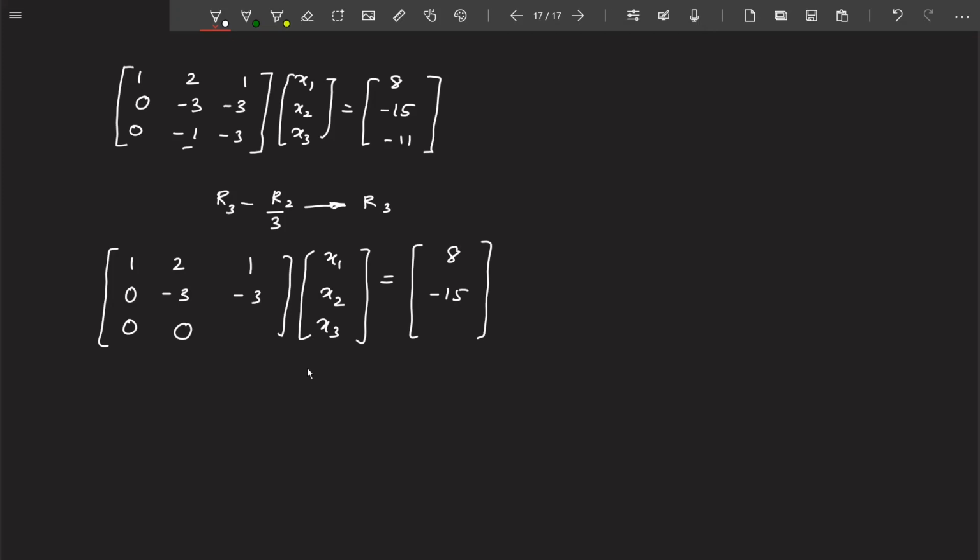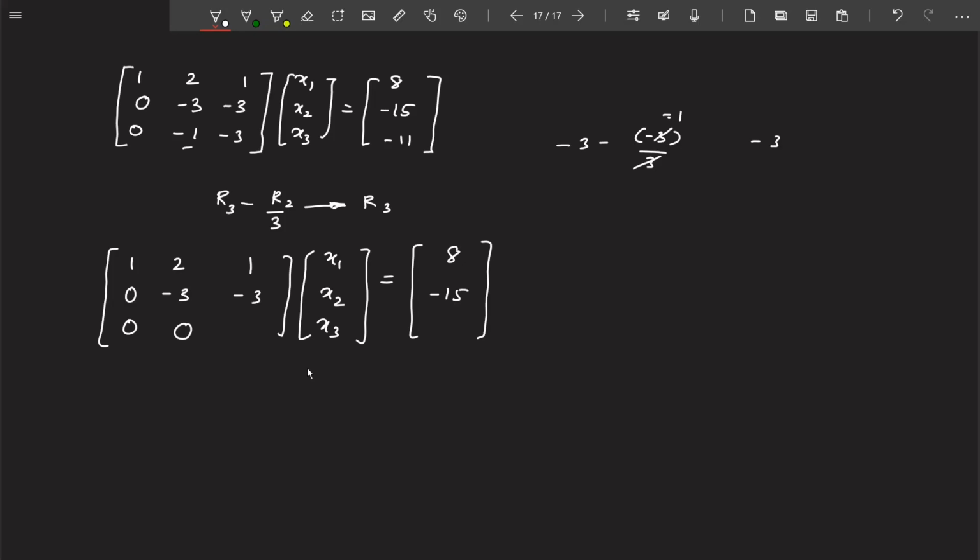Now what is the next thing that we have to do? We have to find out the value of this element. This is going to be minus 3 minus of, what is the value of R2 here? Minus 3. So minus 3 divided by 3 is going to be minus 1. Minus 1 minus 1 becomes plus 1.